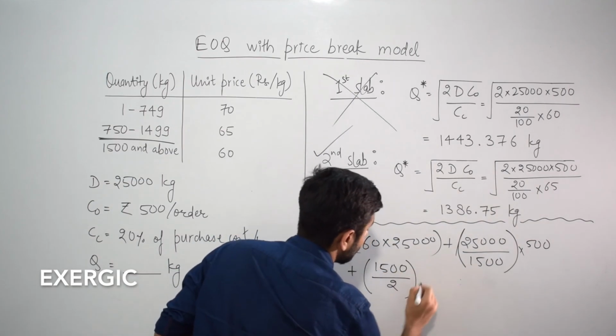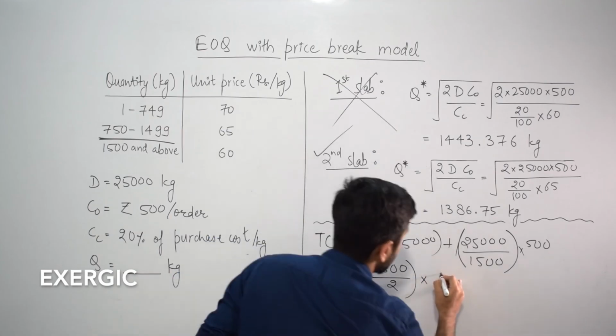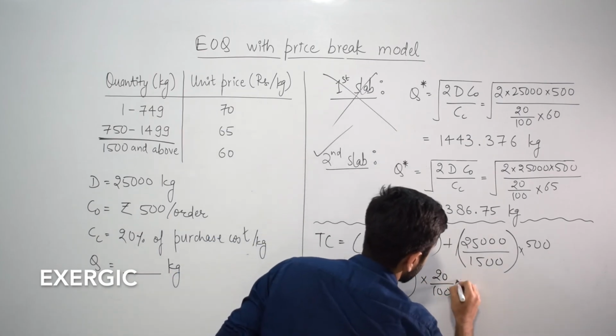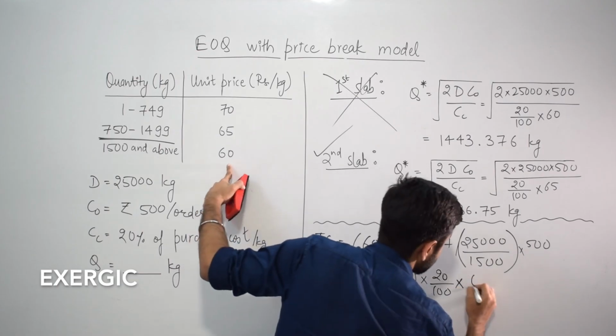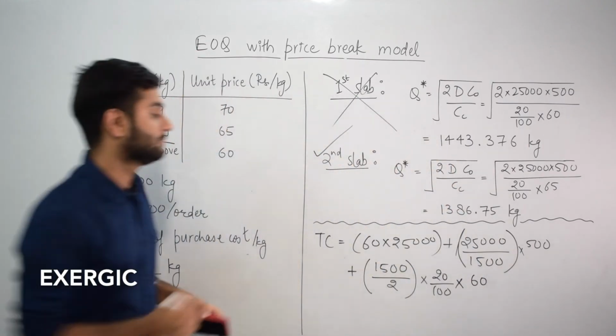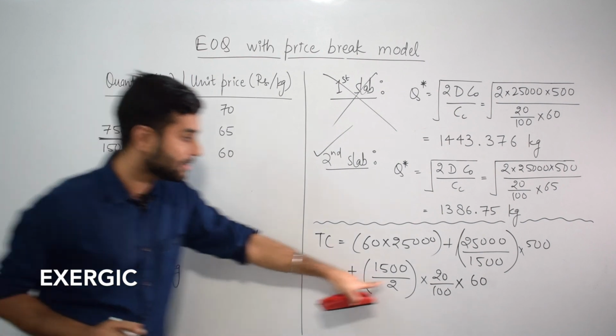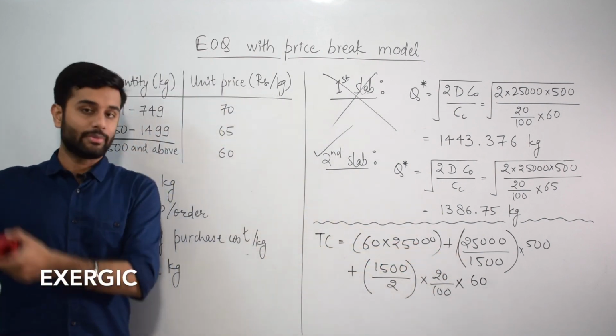The average inventory multiplied by 20% of 60 per kg for 1 year. Right? These expressions we have already discussed thoroughly before this model.